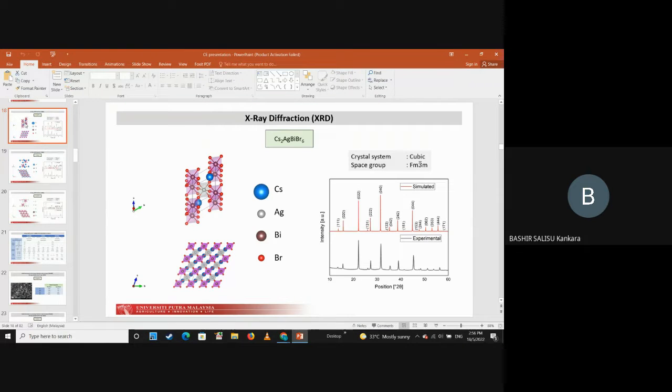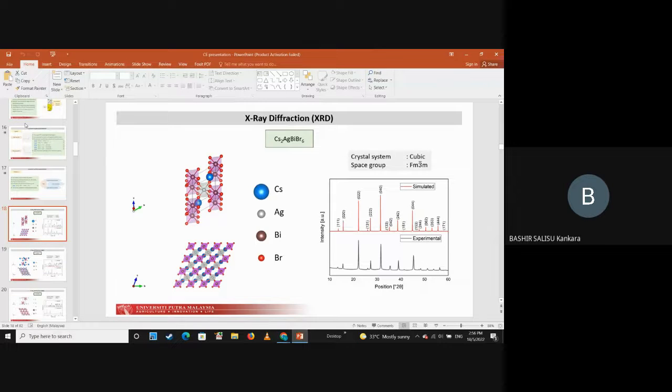I don't know whether you have taken the tolerance factor into consideration, which is another factor for confirming whether the new perovskite is formed, because there is a set range of tolerance factor values that a new compound must fall within before it is considered to be a perovskite structure.